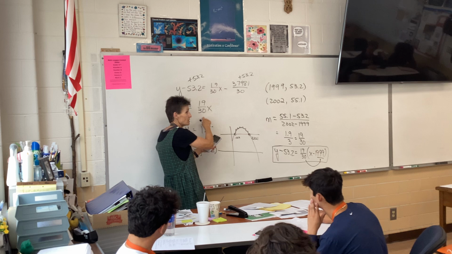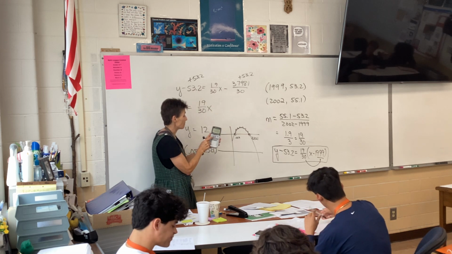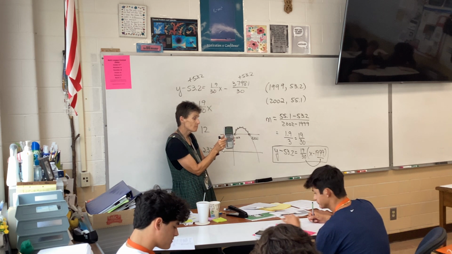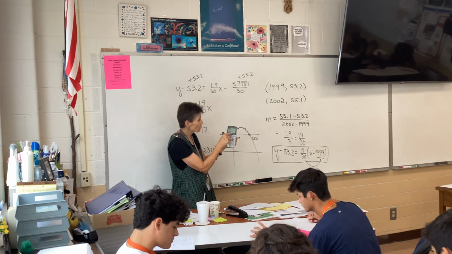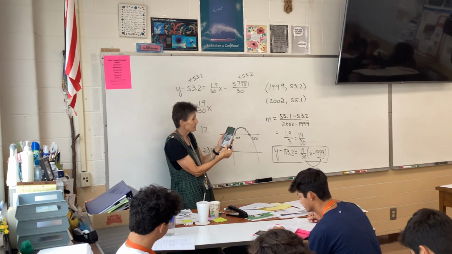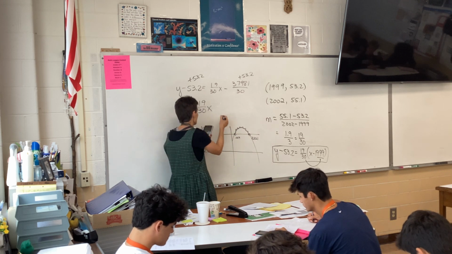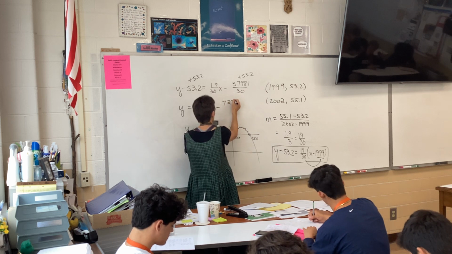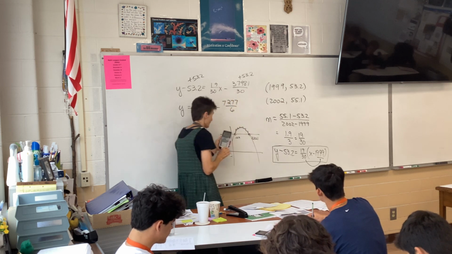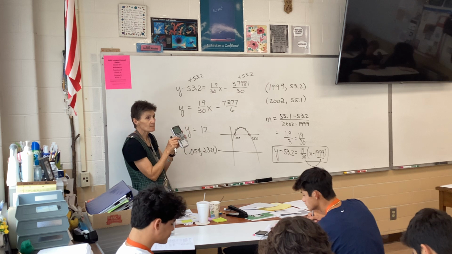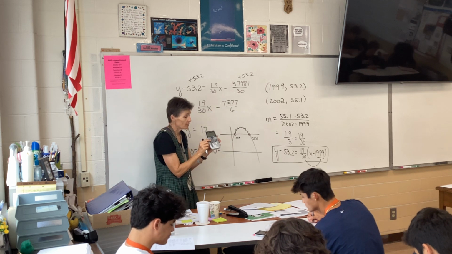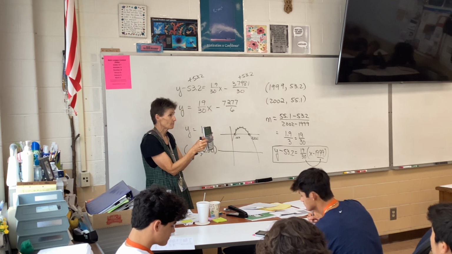Since we got a fraction here, let's go ahead, just hit your math button. First option is frac, hit enter, and it will change it into a nice little fraction for you. So, if you have a decimal and you want a fraction, just press math, enter.